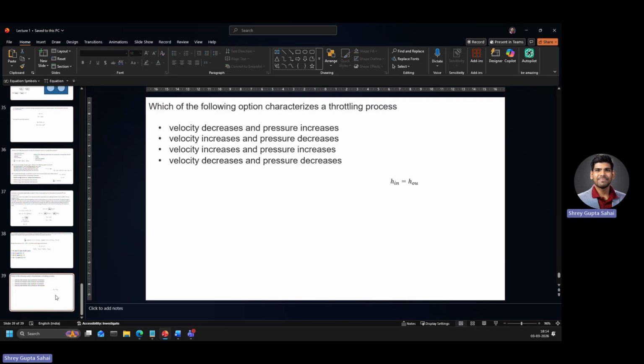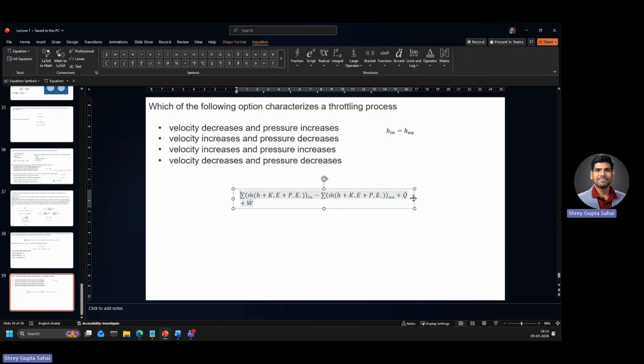In a throttling process, there is no work being done, so this component goes off. Throttling processes are defined by the fact that there is no work done, and also we say that there is no heat transfer.